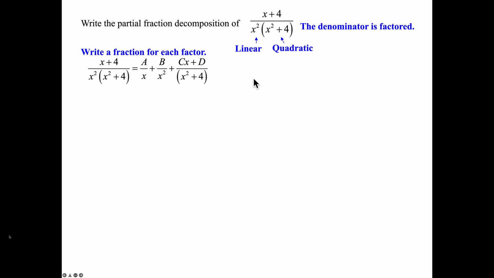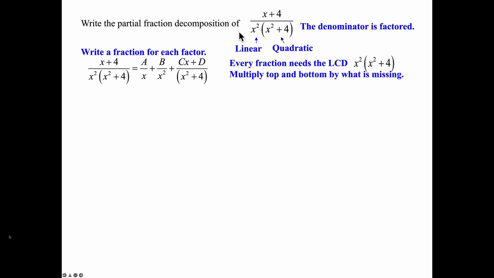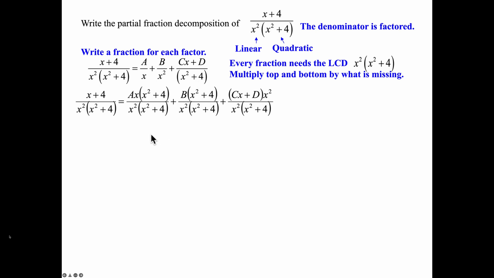So again, remember, every denominator has to have the least common denominator, or our original denominator that we had. So looking at our first fraction, we have the x. You need another x, and you need the binomial multiplied to capital A. The second denominator just needs the binomial multiplied, and the third fraction needs the x squared multiplied top and bottom.